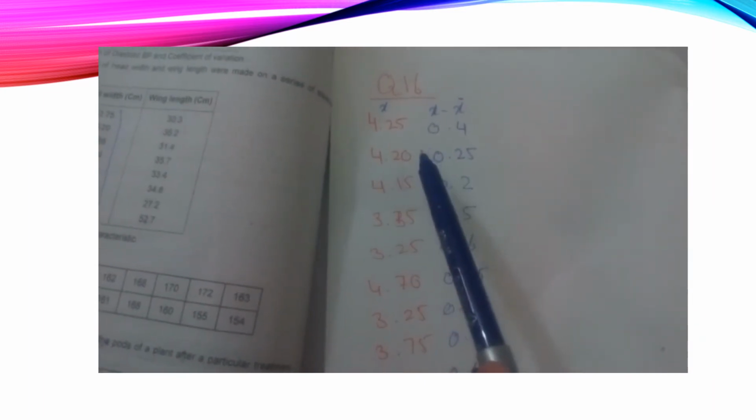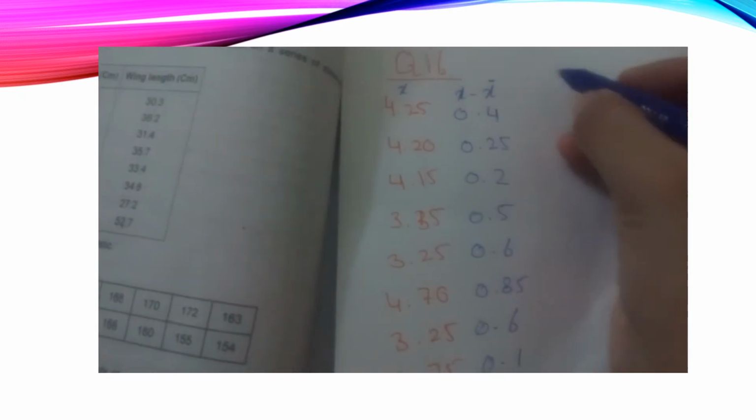The next step is x minus mean. These are the values of x, and x minus mean: 4.25 minus 3.85, 4.20 minus 3.85, and so on. The next step is we take the modulus, and the negative values are converted into positive values.